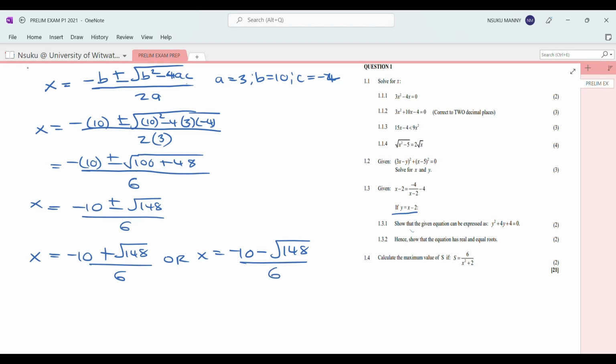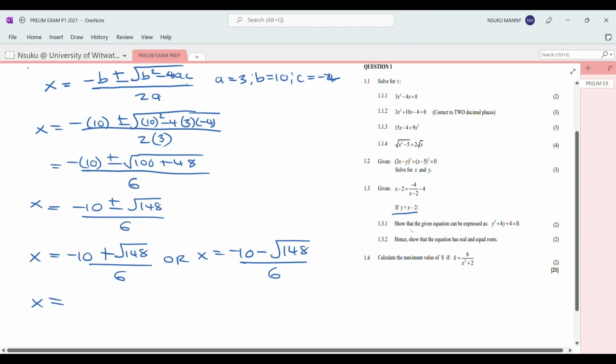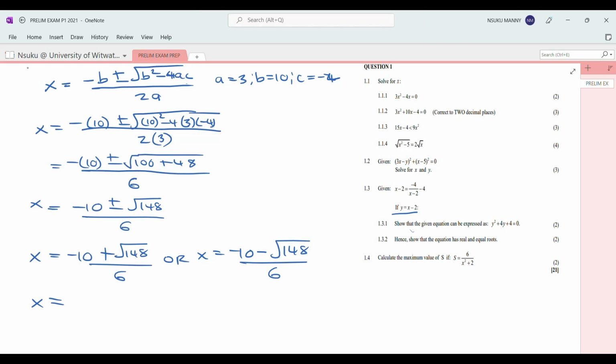We're just going to type that into our calculator, and we're going to get two values of x. Obviously, the one with a plus will have a bigger value, and the one with a minus will have a smaller value. We're going to round that value to 2 decimal places, and we'll basically be done with the question, and that's full marks.